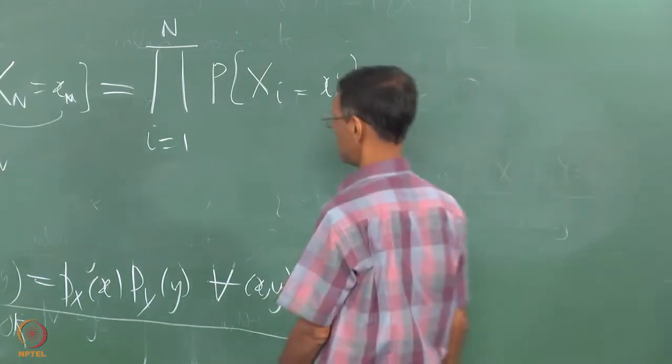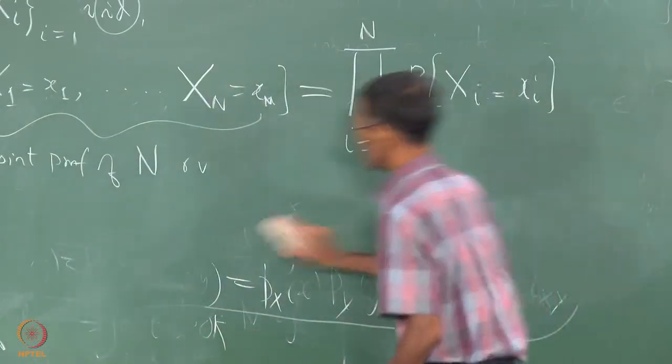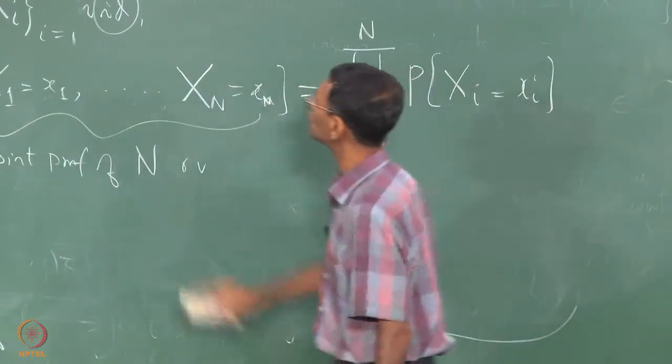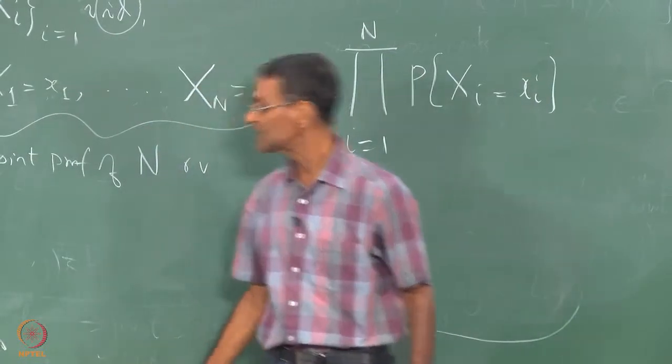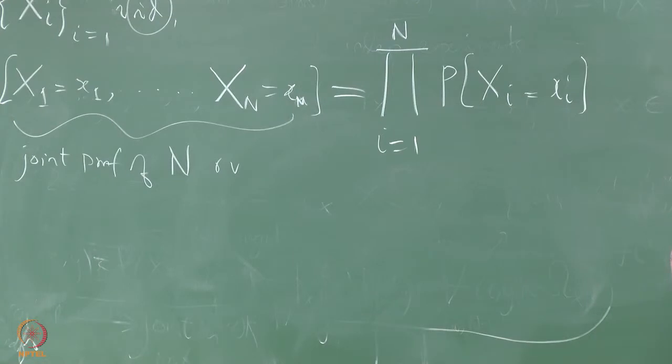Right. And the other important point is that if you know that this is a collection of n independent random variables, any sub collection has to be also independent.